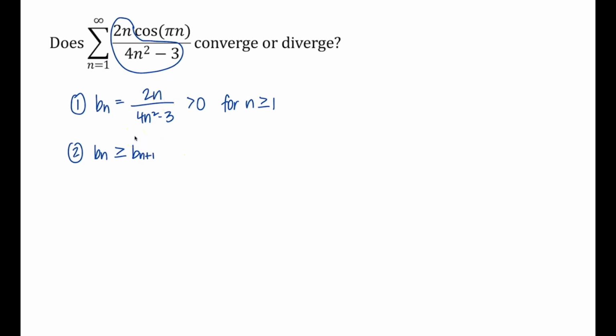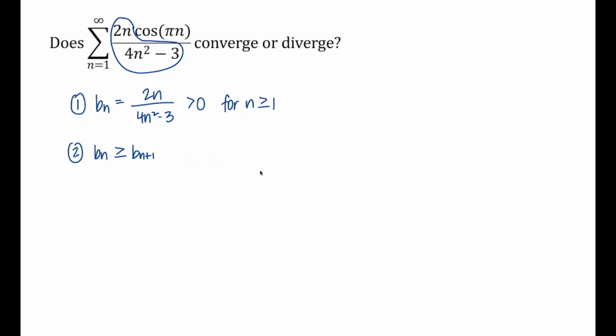If I think about 2n over 4n squared minus 3 compared to the n plus first term, 2 times the quantity n plus 1 over 4 times n plus 1 squared minus 3, we can't draw a direct conclusion right away that this is greater than or equal to the other side because the numerators are different and the denominators are different. So it's not quite as clear cut.